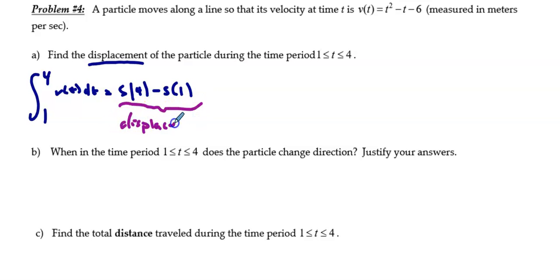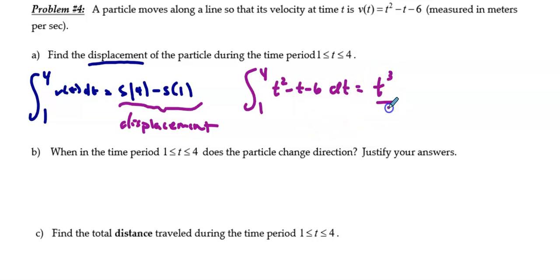So all you have to do in this problem is integrate this function from 1 to 4. So simple, fundamental theorem of calculus. That's all you have to do. And so you would get t cubed over 3 minus t squared over 2 minus 6t evaluated from 1 to 4.